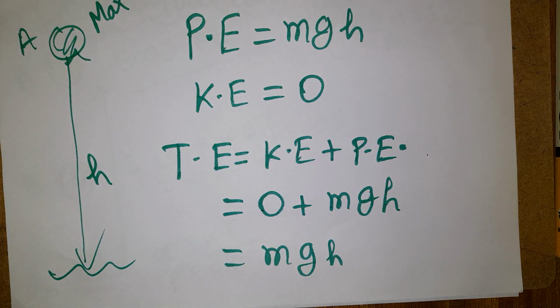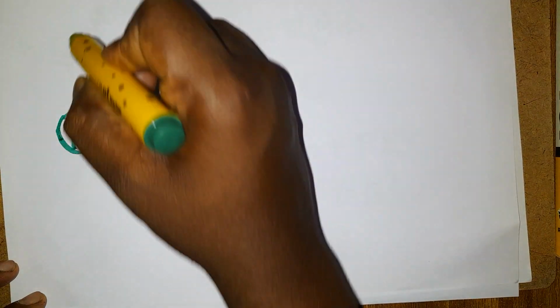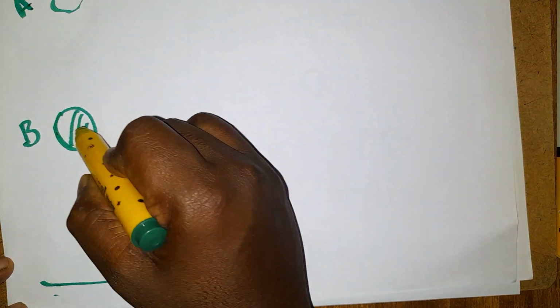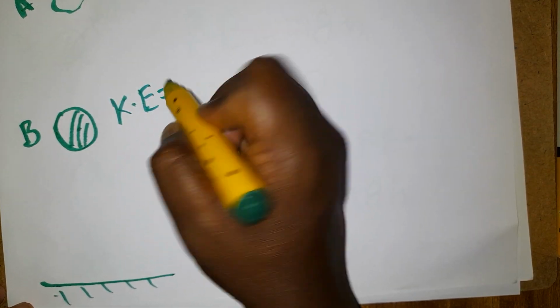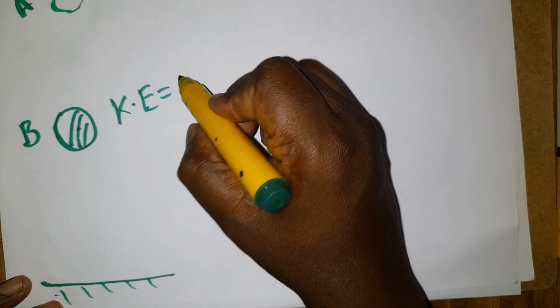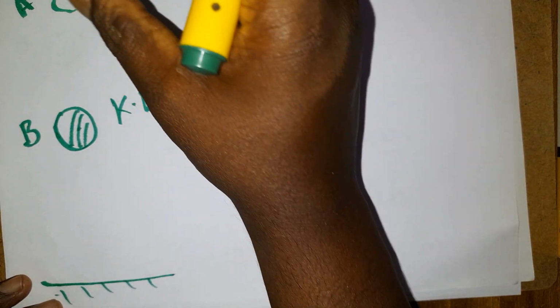Next I am going to take point B, in between, exactly at the center. This is the ground, this is point B, this is point A. Now the ball is at point B, exactly at center. So kinetic energy is mgh by 2, and potential energy is mgh by 2.